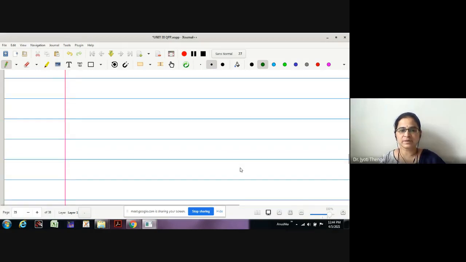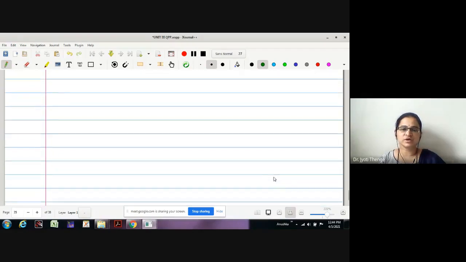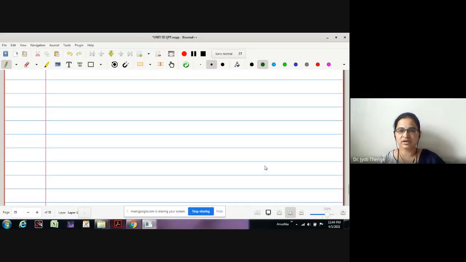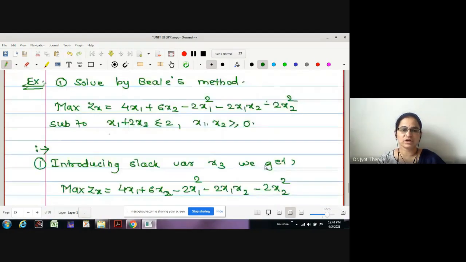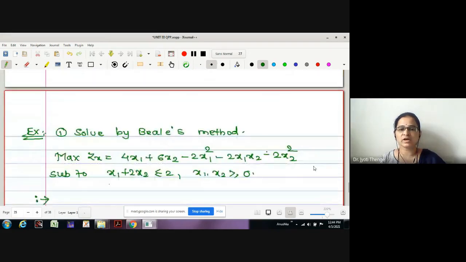Now the next step is to write the objective function in terms of non-basic variables. What are the non-basic variables? x2, x3. Means we have to express this objective function totally in terms of x2 and x3. That is, anyhow we have to remove this x1, right?